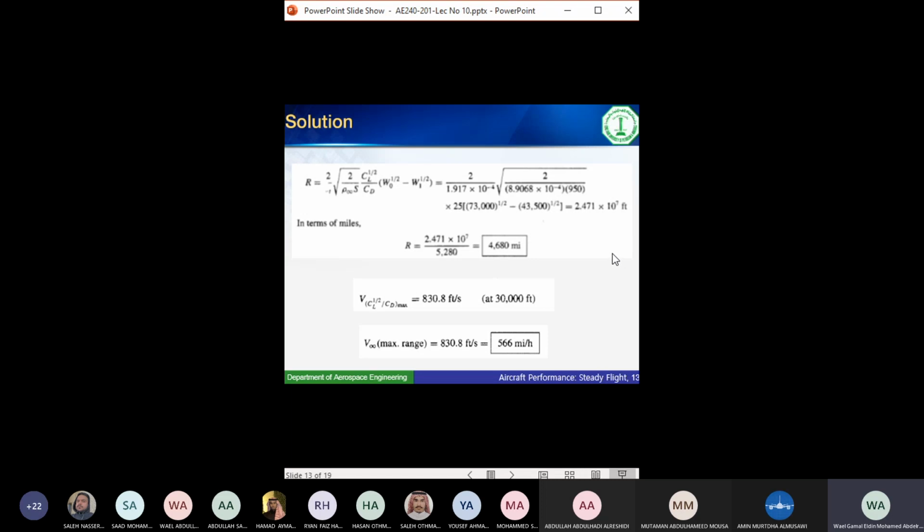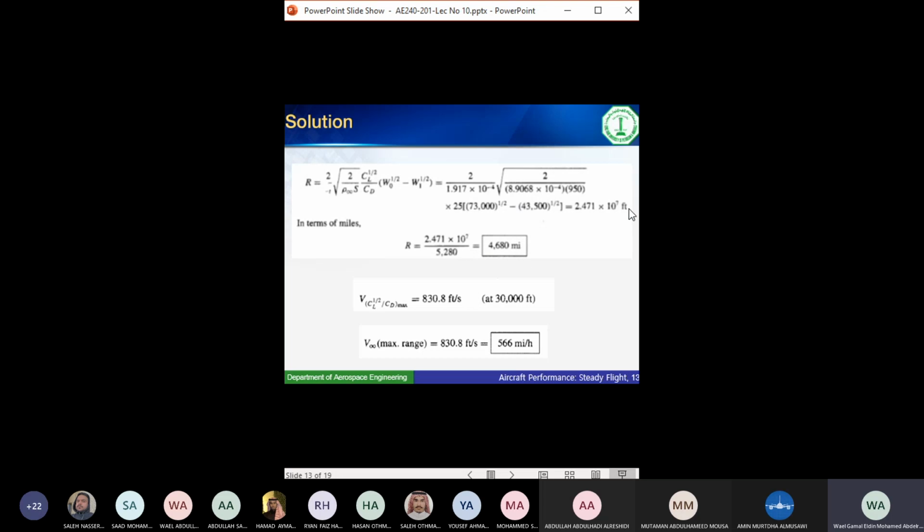So you need to have these three numbers in mind or just write them down. Conversion from feet to miles. I think the textbook has some, and your mobile or calculator will have conversion right away.